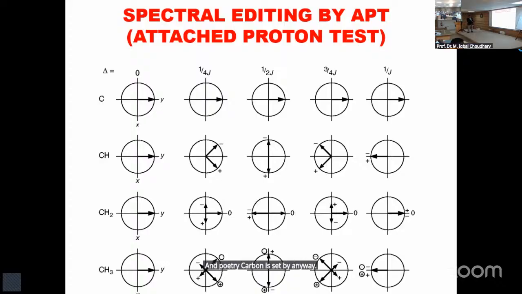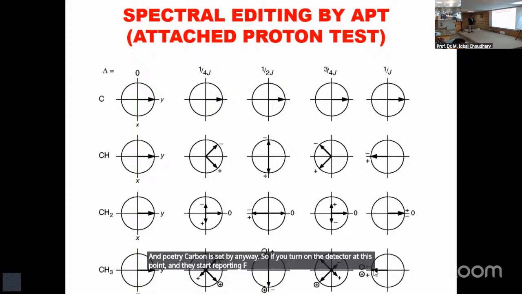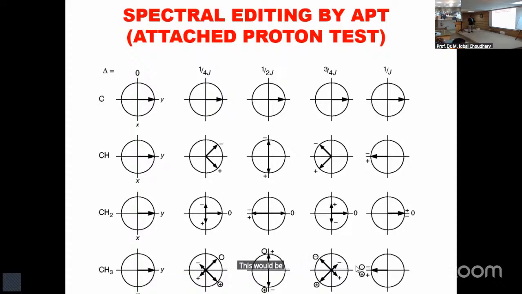So if you turn on the detector at this point and start recording the FID, this would be a negative phase, this would be a positive phase, negative phase, positive phase. The resulting frequency spectrum would have quaternary carbon and CH2 up, and CH3 and CH down.